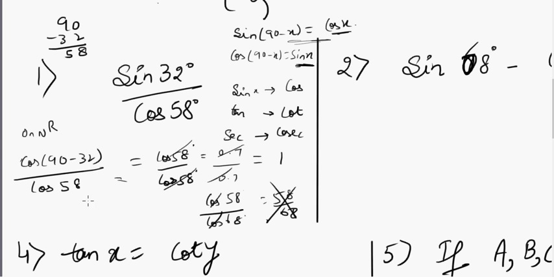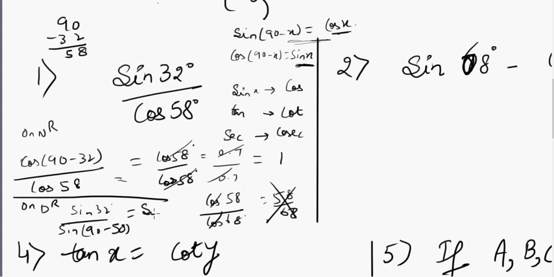So we can also apply the same rule on the denominator. Sine 32 degree over cos x, where cos x is sine of the complement, that is sine of 90 minus x, or 90 minus 58.